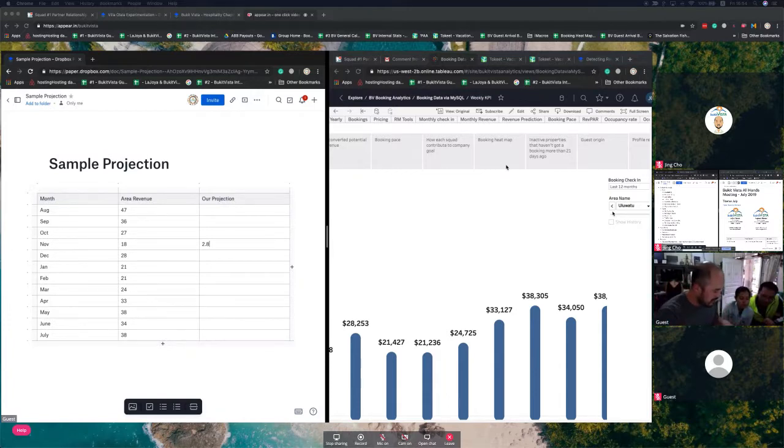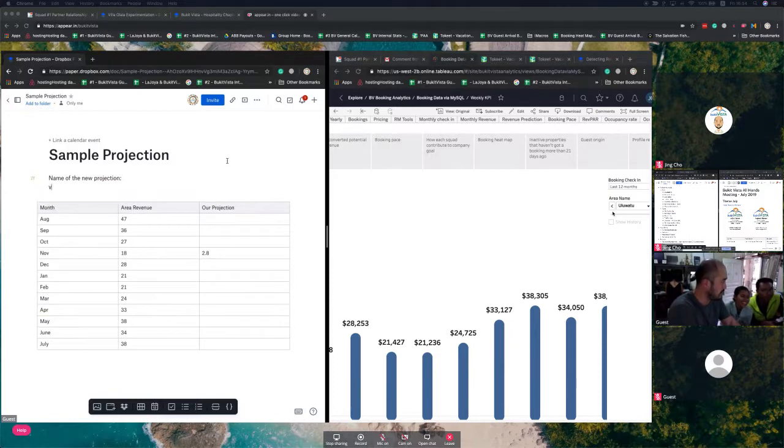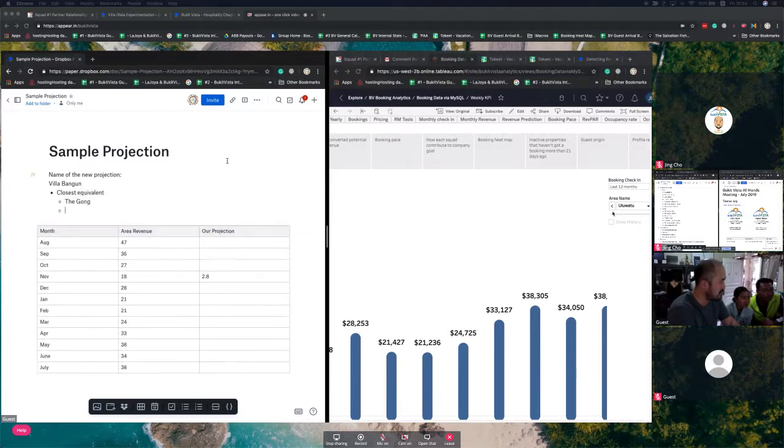What is more accurate is this. So watch what I do. So I normalize it to here, and this is the projection. Let's call this new property. What do you call it? Give it the name of the new property. Just imagine it. Okay, Villa Bangun, yeah? Okay, so Villa Bangun, and the closest equivalent, the closest mirror properties are the gong and Purikalapa, right?